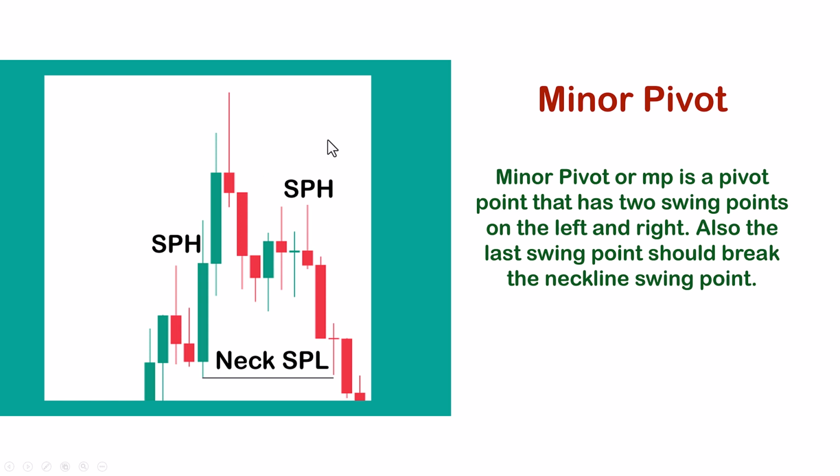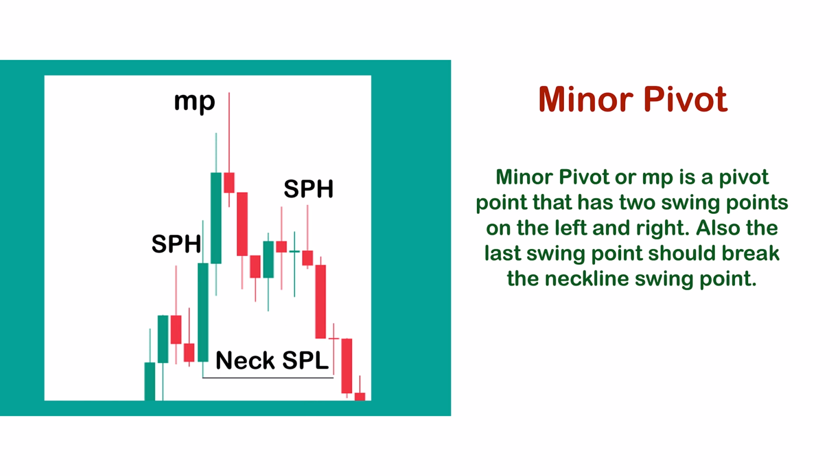The most important thing is that the last swing point low that made the highest swing point high, which is here, should get broken with this swing point high or this swing point high, and it should make a higher swing point high. I mean, this swing point low should break the last swing point high and make another swing point high. When it gets broken, we have our minor pivot here.